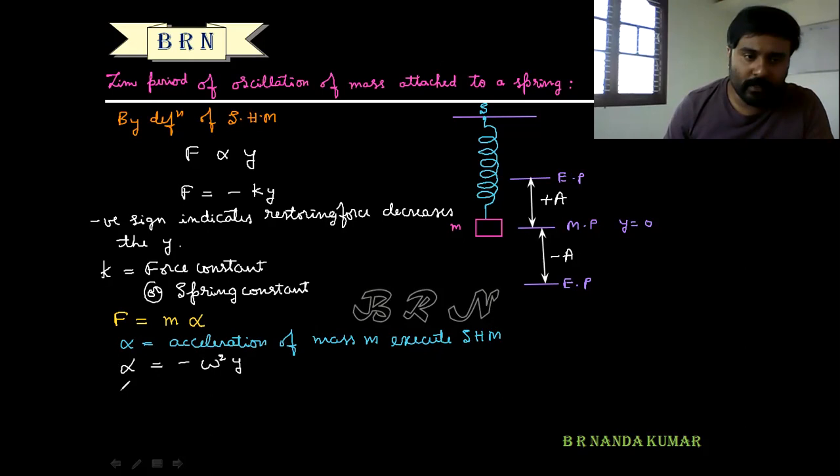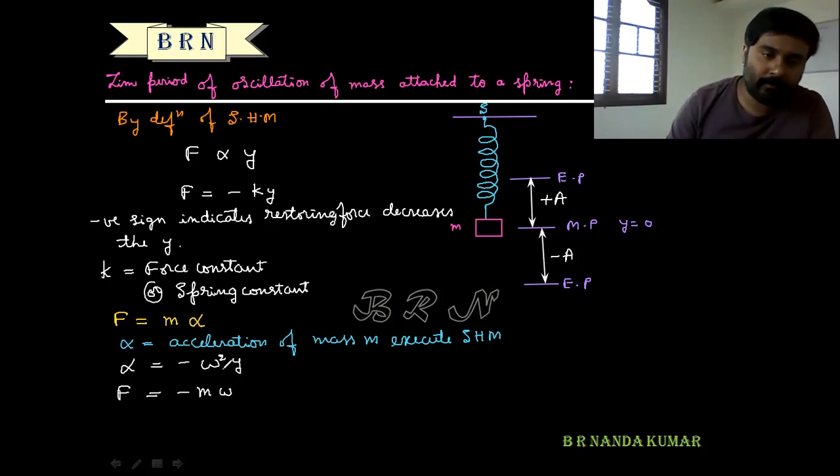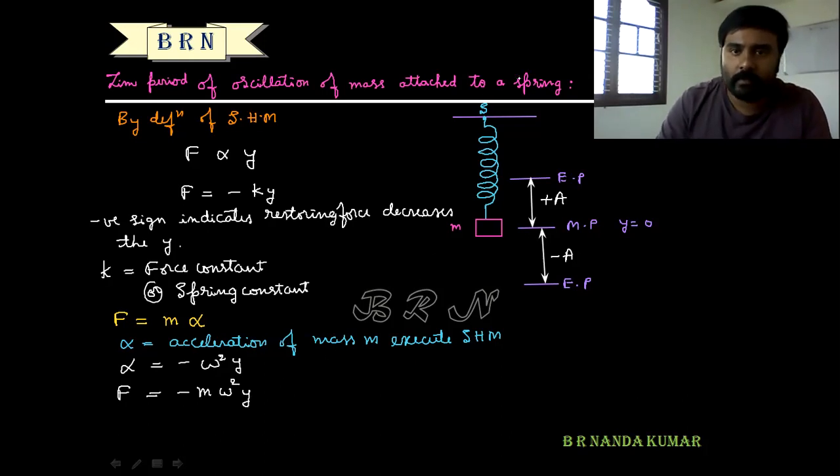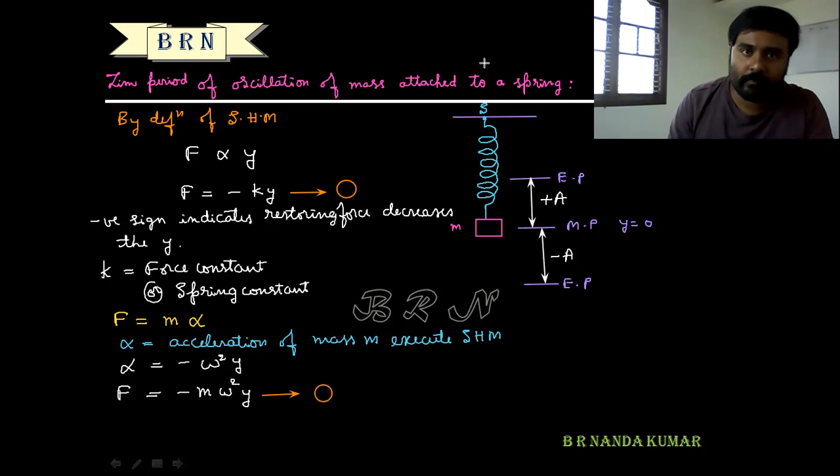So now this equation becomes F is equal to minus m omega square y. Call this equation number 1 and the other equation number 2.